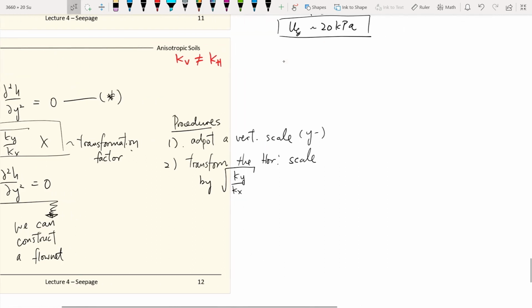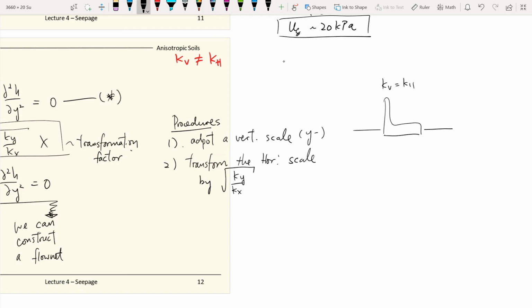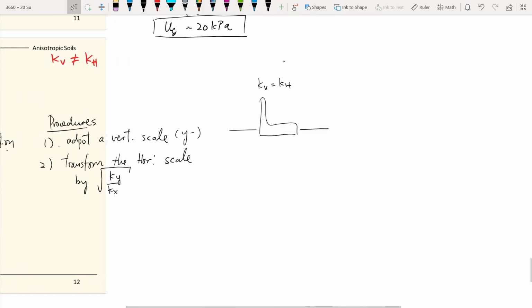For example, this is the dam that you work on. This is for the case where the vertical and horizontal conductivities are the same, like what we have been working on. If we want to consider the anisotropic factors, so now KH is not equal to KV. The horizontal direction is no longer the same as the vertical.